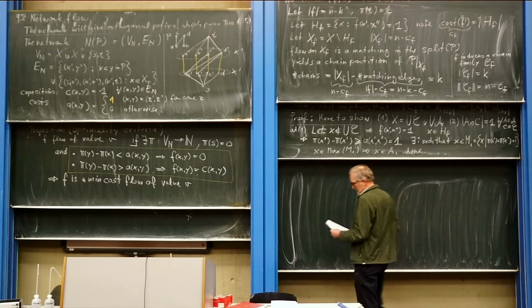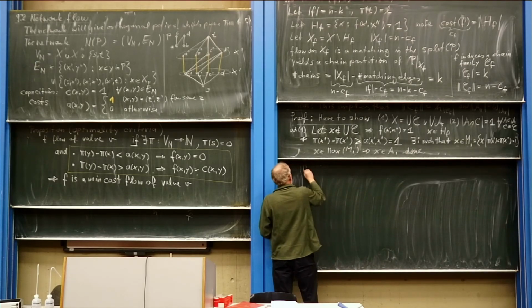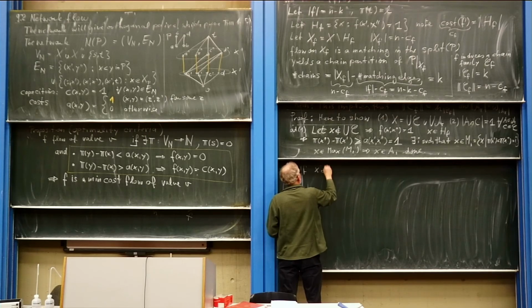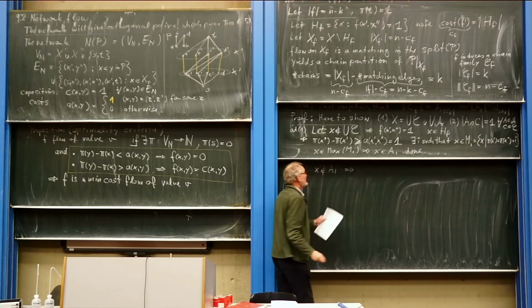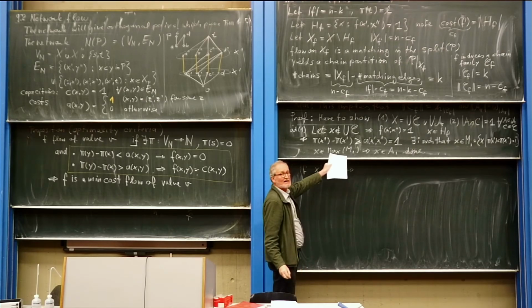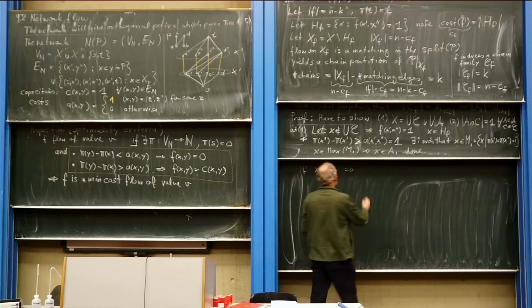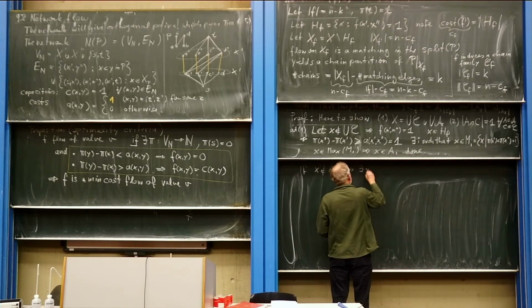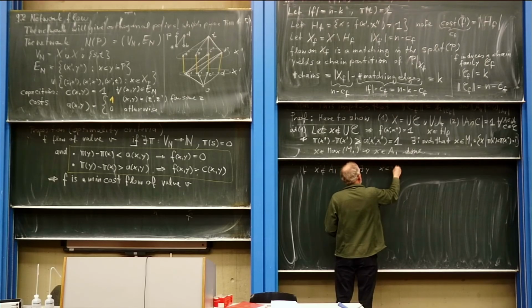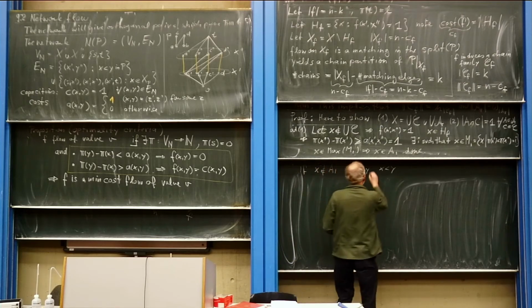Otherwise, if x is not in Ai, then there must be some other element in Mi which is dominating x. There exists a y, x less than y, and this is in Mi.